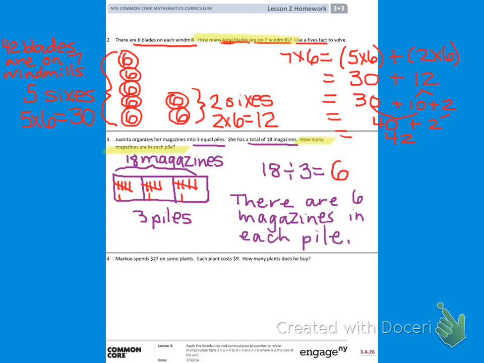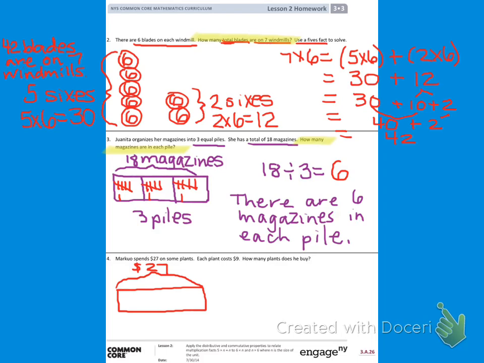Marcuo spends $27 on some plants. Each plant costs $9. How many plants does he buy? I think I'll go ahead and use a tape diagram to solve this problem as well. I will label this piece of tape $27 because the total amount that was spent on plants is $27.